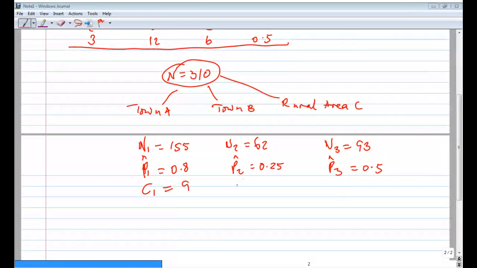The same applies to stratum number 2, which is town B. It's also $9, so C2 is going to be 9. And then $16 for the rural area, so the cost C3 is $16.